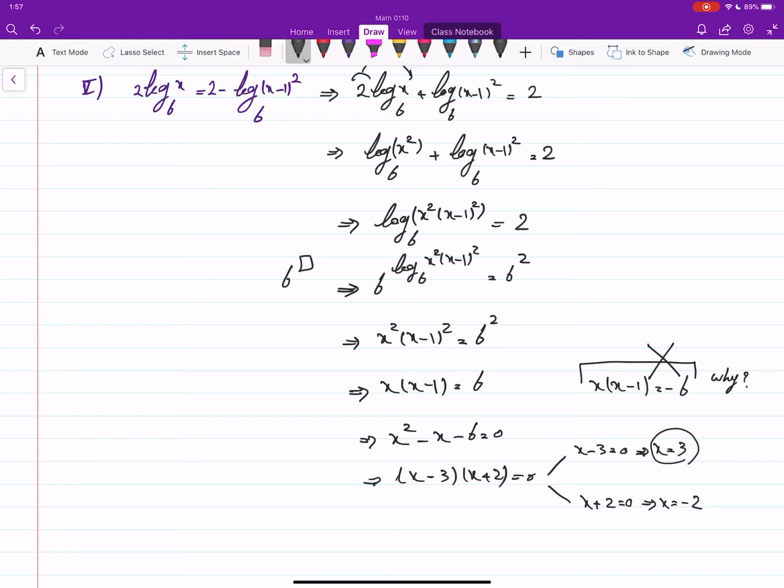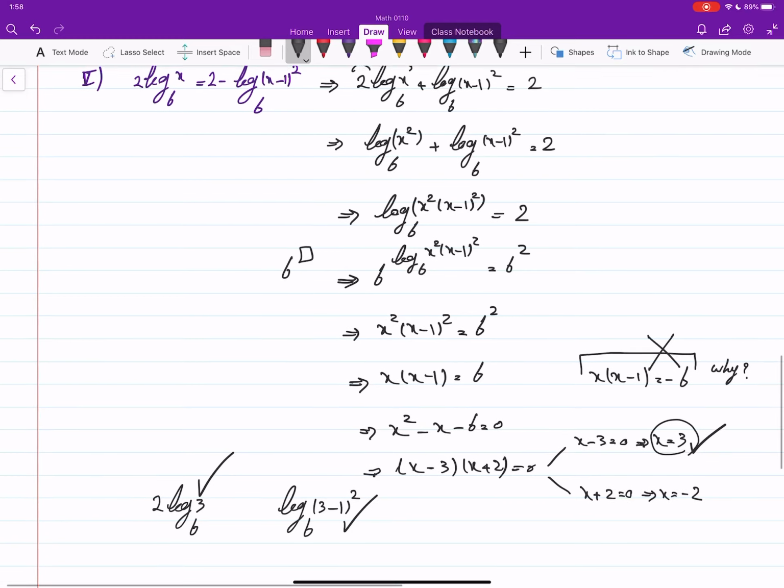So here you see 2 to the power log of 3 base 6. This is okay. And log of 3 minus 2 to the power 2, 3 minus 1 to the power 2 base 6. Well, this is also okay. So this x equal to 3 is good.